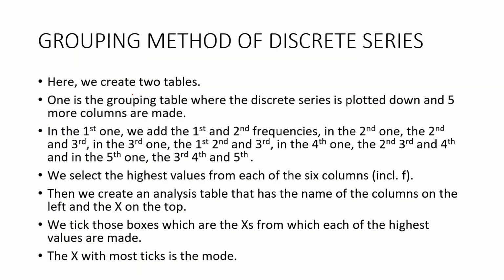Let's go to the grouping method of the discrete series. We create 2 tables. One is called the grouping table, where the discrete series is plotted down at the leftmost corner, and 5 more columns are made. In the first one, we add the first and second frequencies. Wait, what?